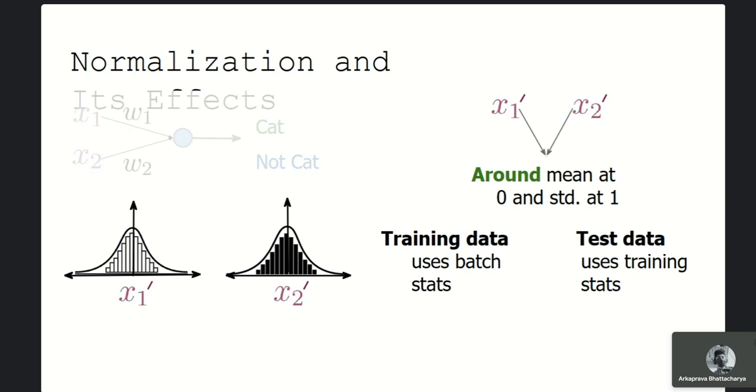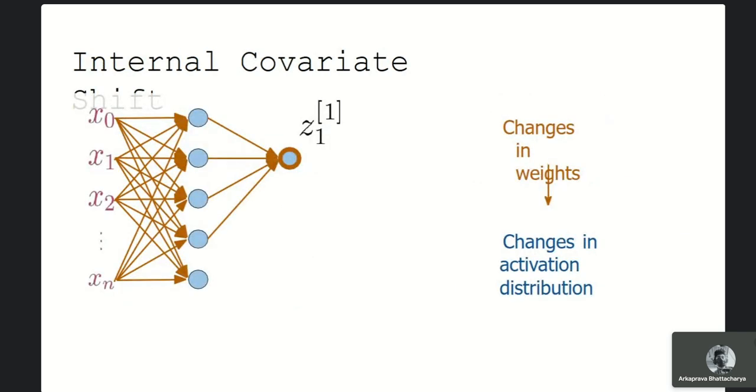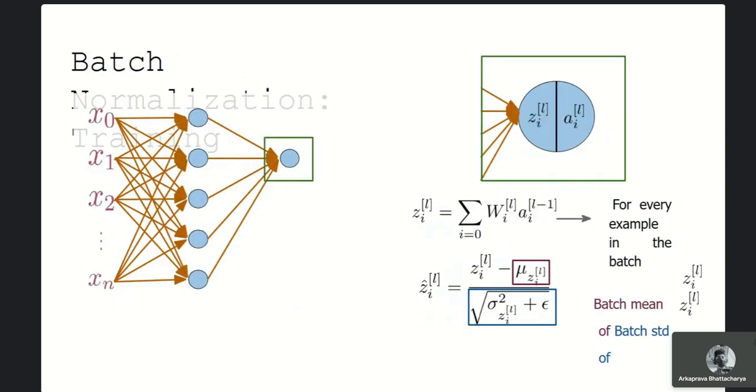So we'll see how to actually normalize this data set. What do we do for each batch? We compute its mean. So here mu i is denoting the mean, and this is denoting the standard deviation.